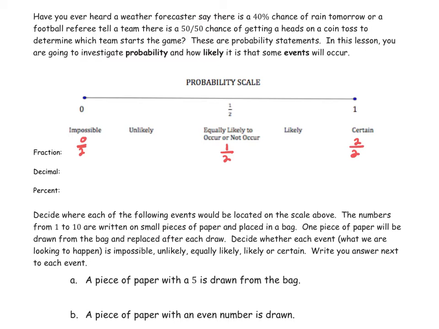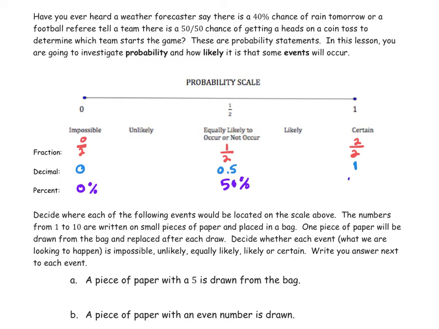Next, if we chose to express this as a decimal, we would just keep this 0. And 1/2 written as a decimal would be 0.5, or 5/10. And then if it was certain, it would be 1. Finally, if we chose to express this as a percent, we would put 0%. 1/2 would be 50%.